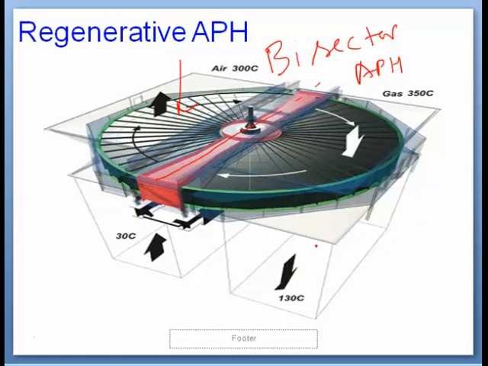The comparatively cooler flue gas comes out from this air preheater, and finally through the ESP it is sent to the chimney and to the atmosphere. During this process of heating, the air, basically we are discussing here the secondary air, gets heated up to 300 degrees centigrade.